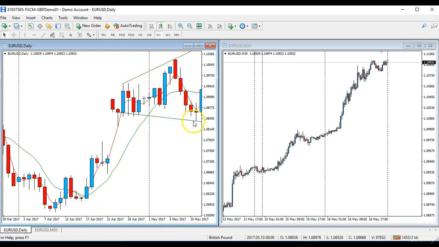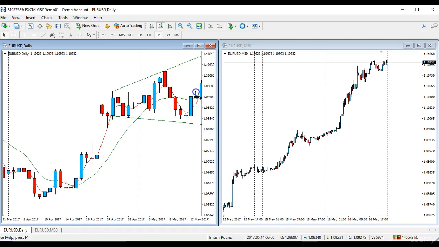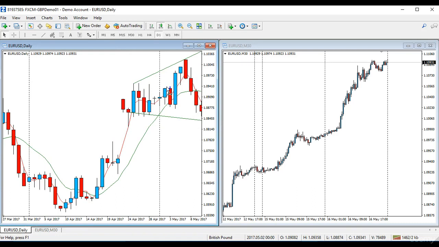So seeing as we know that a megaphone channel has formed, we expect that the next thing is that price is going to bounce off this trend line here and go in a certain direction, which is up. It's predictable, all right?